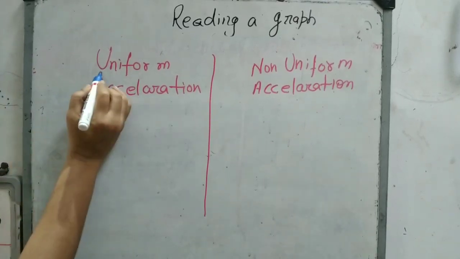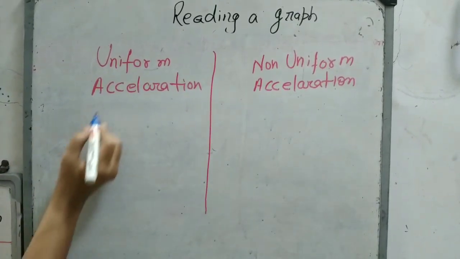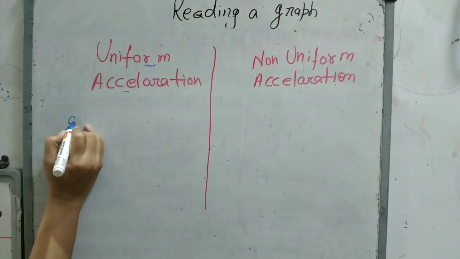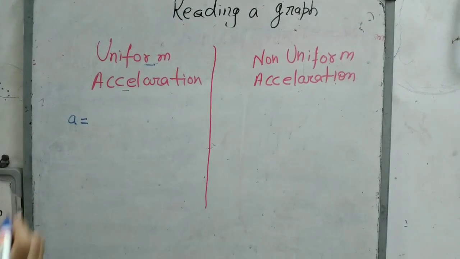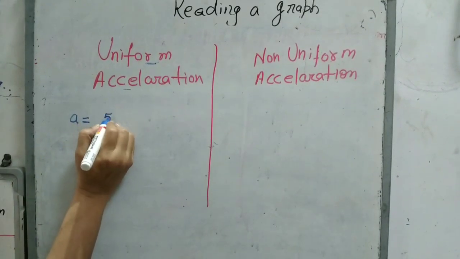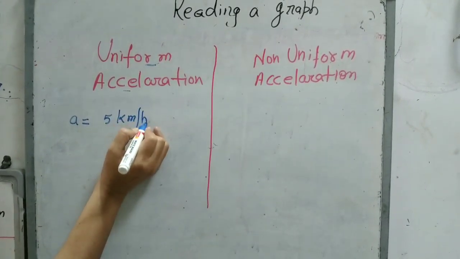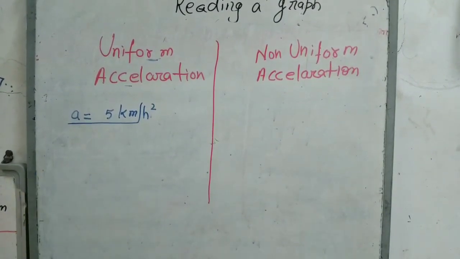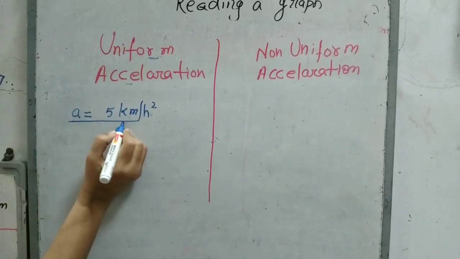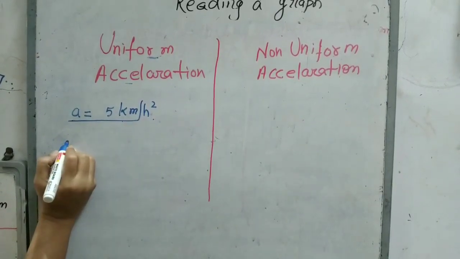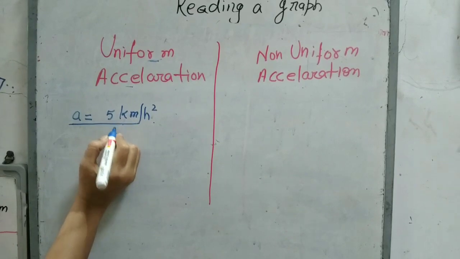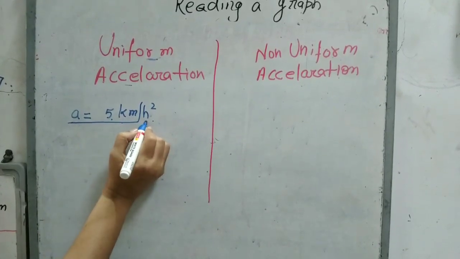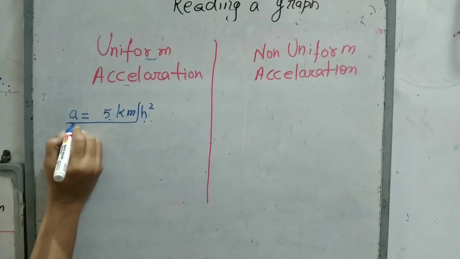As we know about uniform acceleration, the acceleration will be uniform. That means suppose a condition is given, the object acceleration is 5 km per hour square. Now what will we gain from this? If an object has an acceleration of 5 km per hour square, that means its velocity increases by 5 km per hour in each single hour.